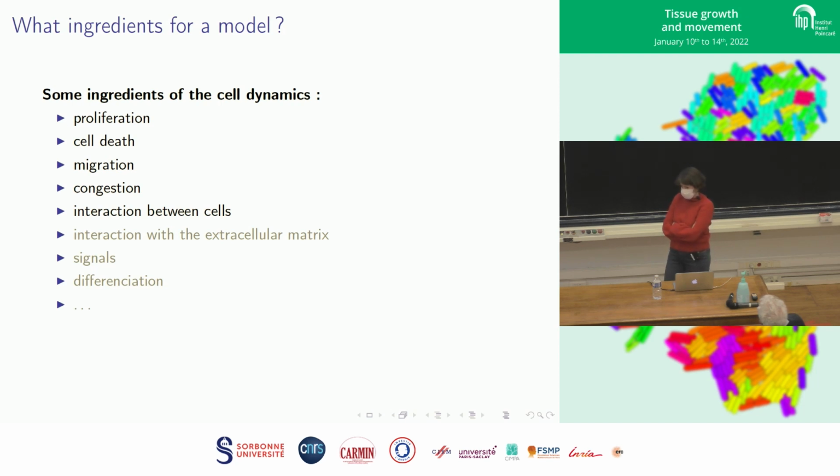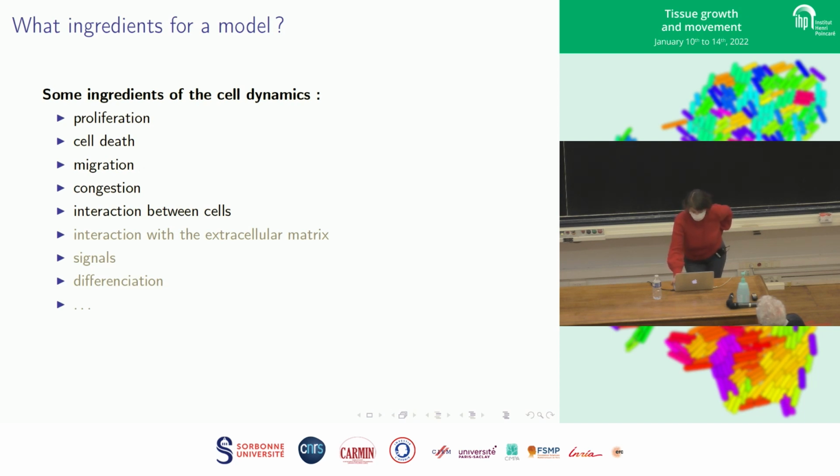There is a migration of the cells, which can be a bit random, like diffusion, but this migration can also be due to congestion, since there is a lot of growth at this moment of the life of the embryo. Many cells are appearing, so it creates congestion, which can impact the migration.